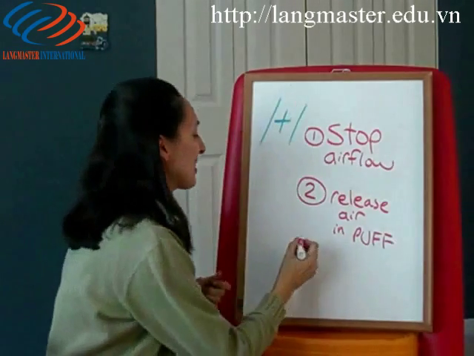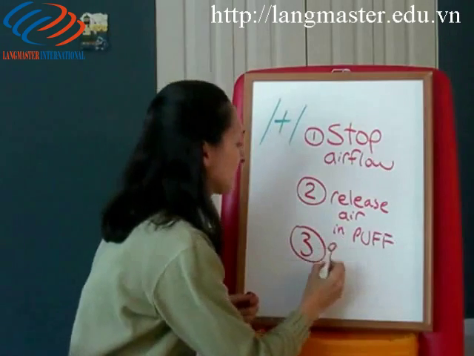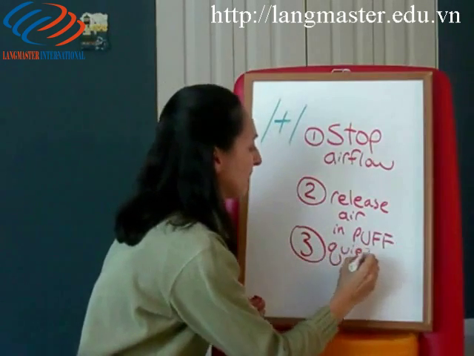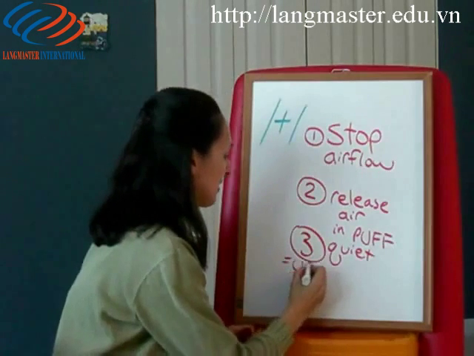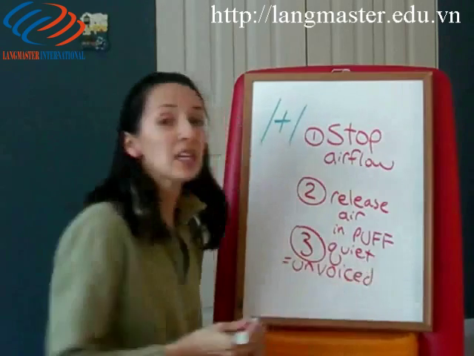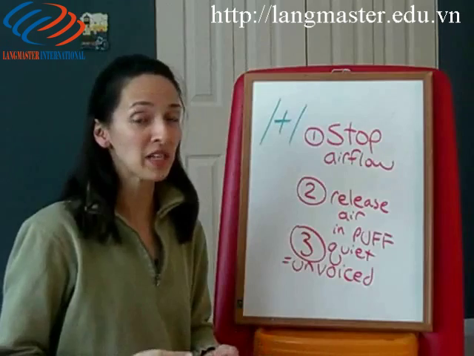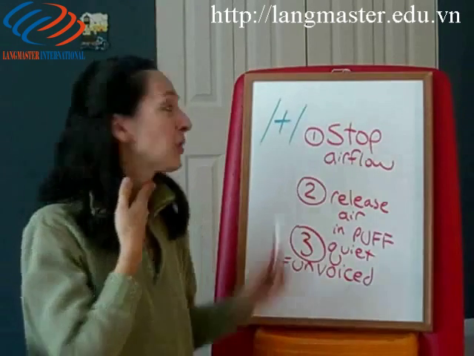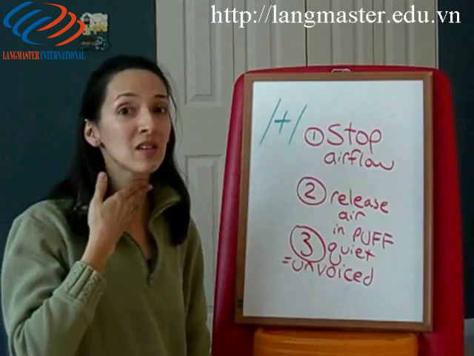All right, the third thing I'd like you to remember is that the T sound is a quiet sound. It's what's known as an unvoiced consonant, meaning there is no voice. You will feel no vibration when you make the T sound. T, t, t.